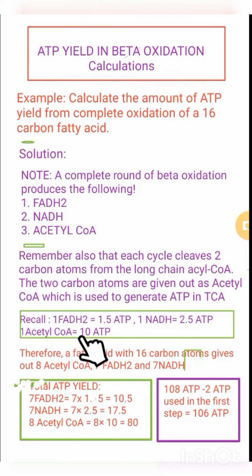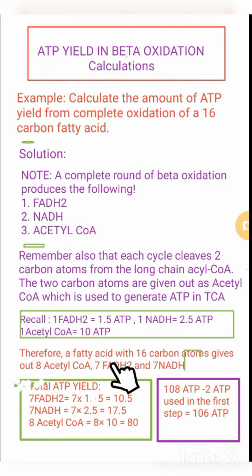Now, here is a bit of information that you need to recall if we are to convert this yield into ATP. 1 FADH2 is equivalent to 1.5 ATP. 1 NADH is equivalent to 2.5 ATP, and 1 acetyl-CoA produces 10 ATP molecules or equivalent in the TCA cycle.